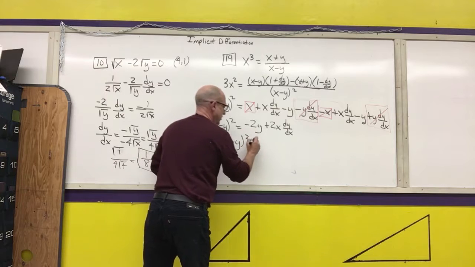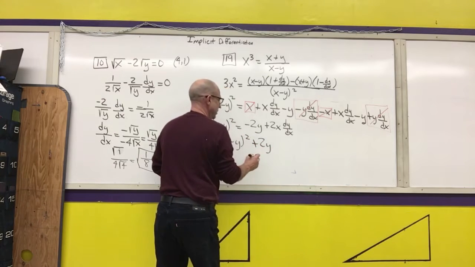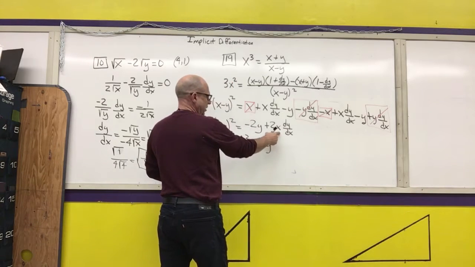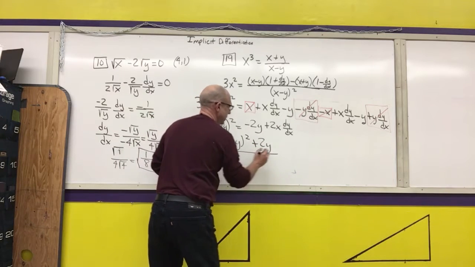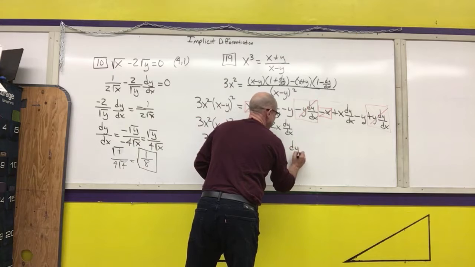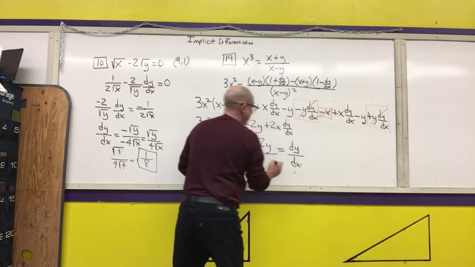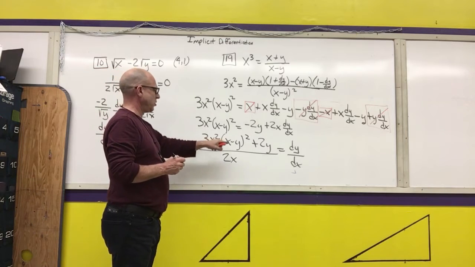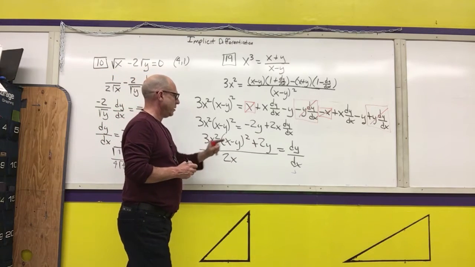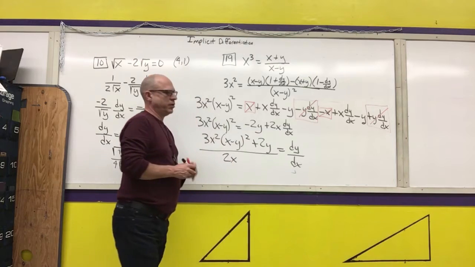Actually, add 2y to both sides. And divide both sides of the equation then by 2x. So the final answer for homework problem 19 would be 3x squared times the quantity (x minus y) squared plus 2y, over 2x.